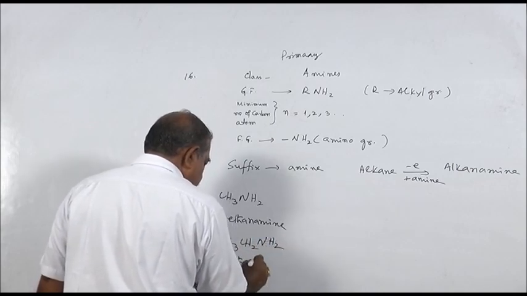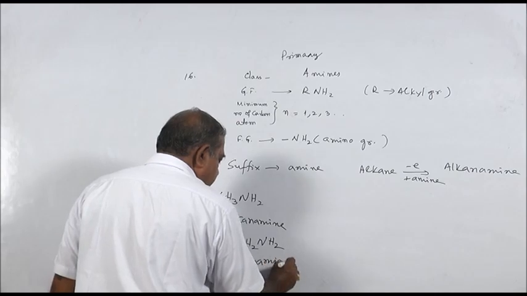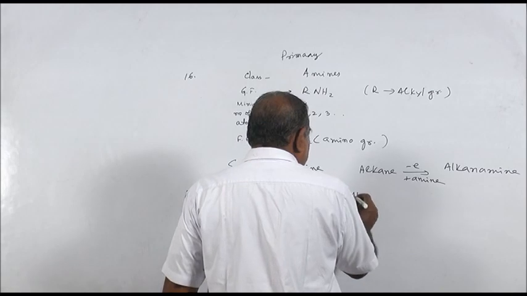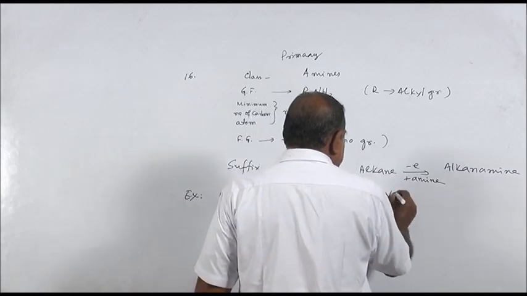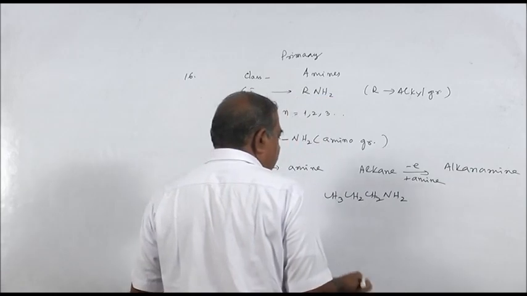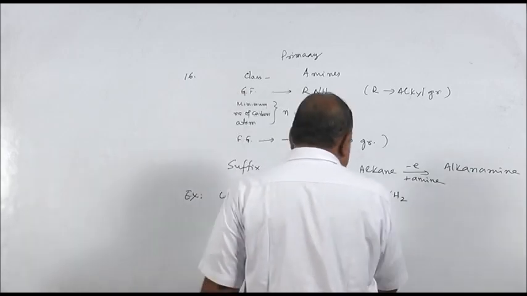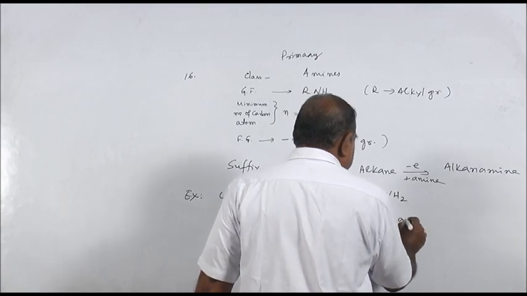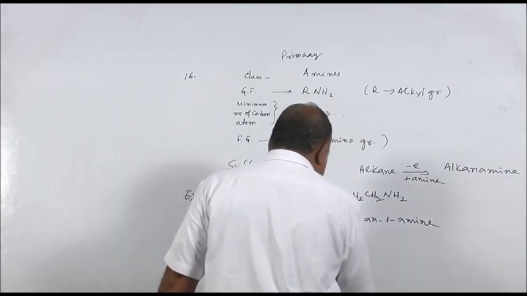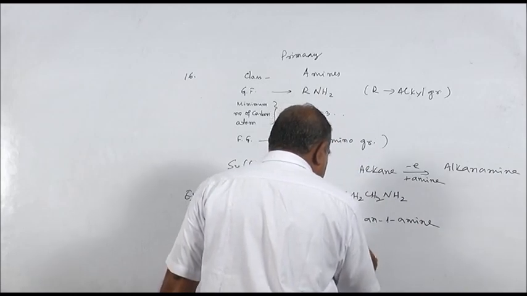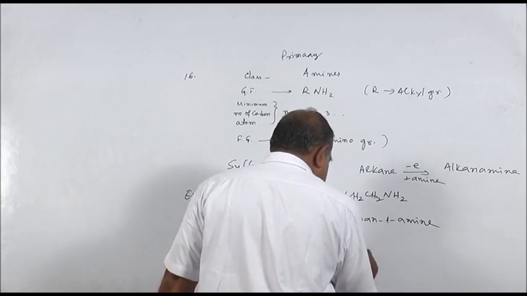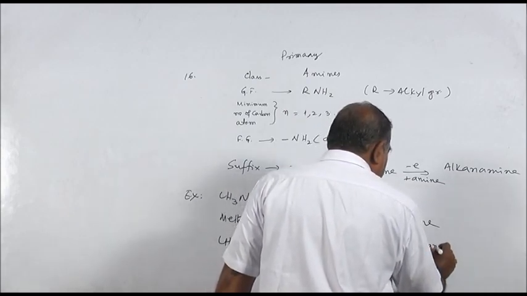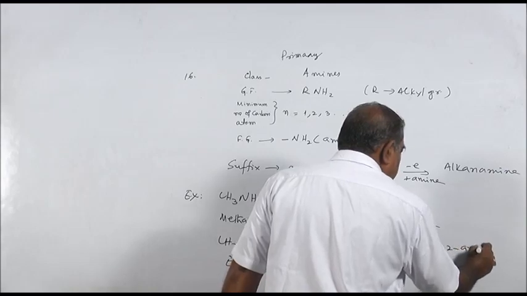This is your ethanamine. But if it contains 3 carbon atoms, the position has to be used. Here the position you can write before the name or after the name, but better I will tell you, write it in between. Propane-1-amine. With the same 3 carbon atoms, another structure may be propane-2-amine.